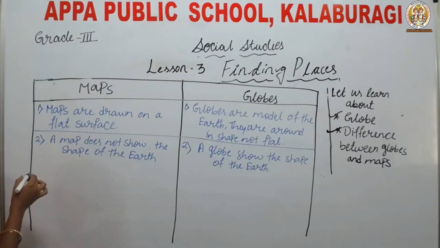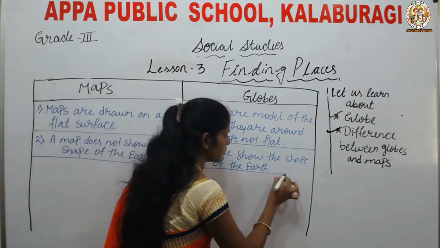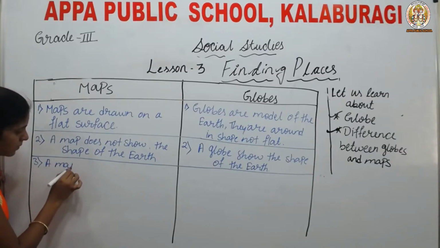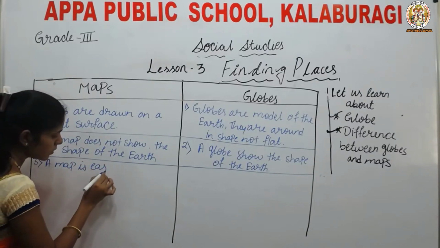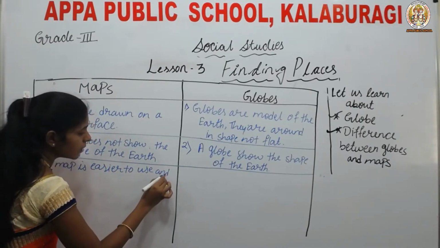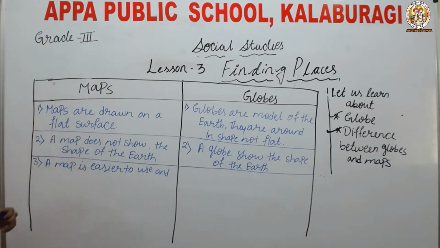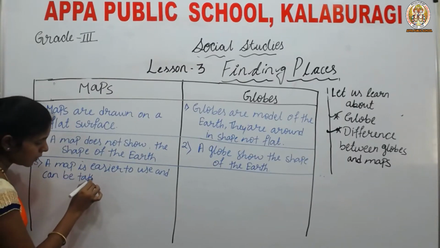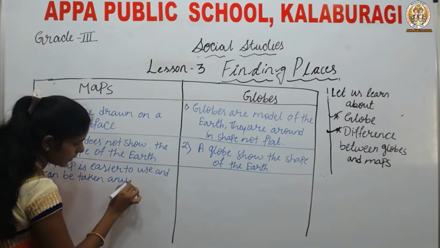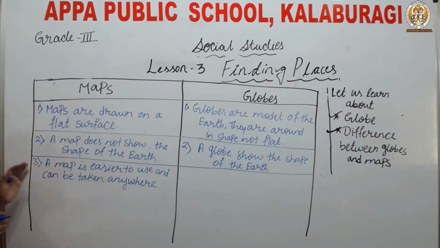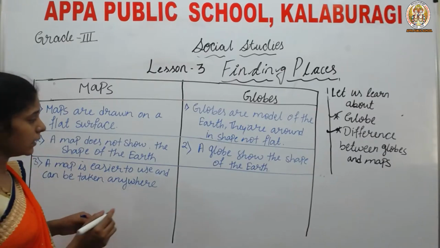Next, third point. A map is easier to use and can be taken anywhere. A globe is big.